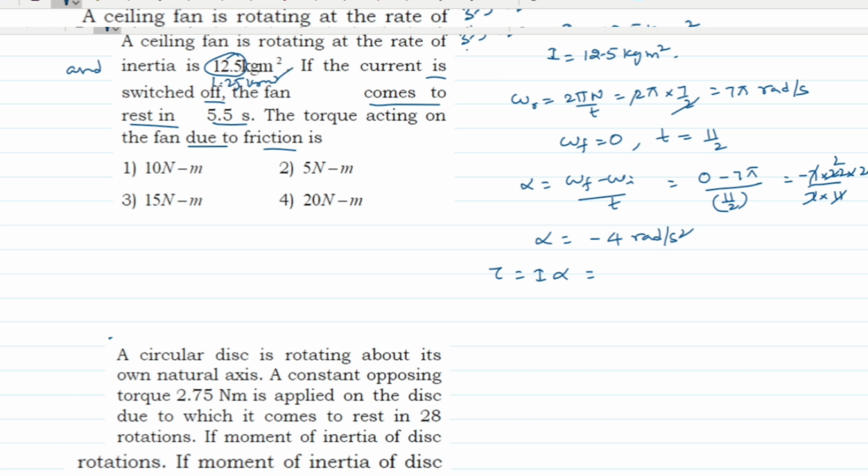You can write 1.25 as 5 by 4, into alpha value of minus 4. The 4 gets cancelled, and the torque will be 5 Newton meter. So 5 Newton meter is the correct answer.